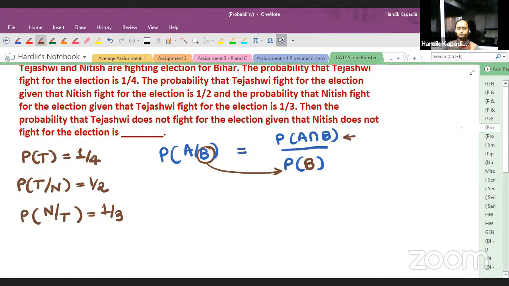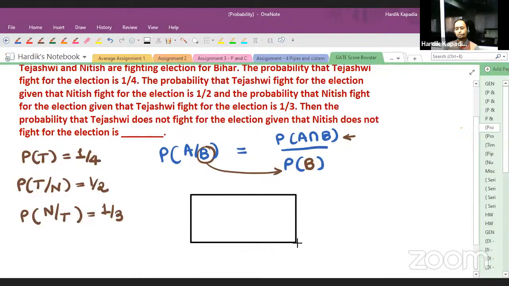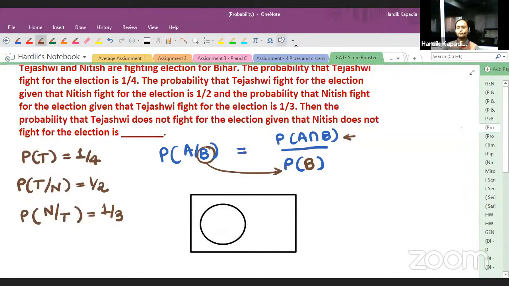So now I am providing you the meaning of conditional probability. This is your sample space.